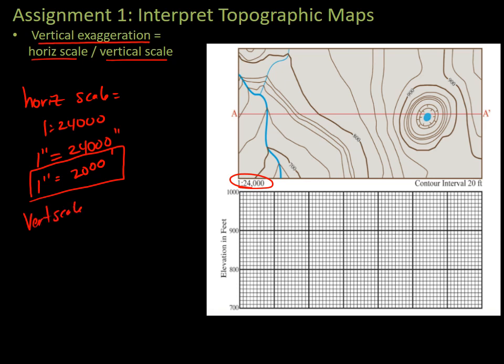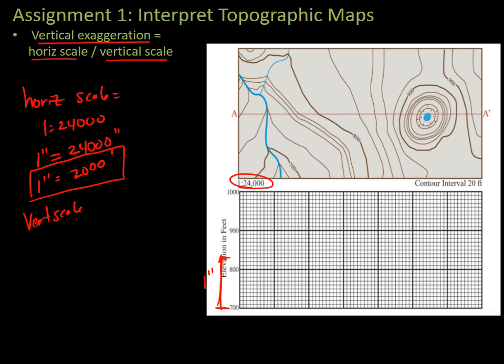So here we're going to go down to our graph paper and figure out a similar 1 inch equals so many feet by simply measuring 1 inch on the graph paper and figuring out how many feet it corresponds to. So you're going to take your printout and get a ruler and measure 1 inch from the 700 feet up, and then figure out where on the graph paper that 1 inch lands.